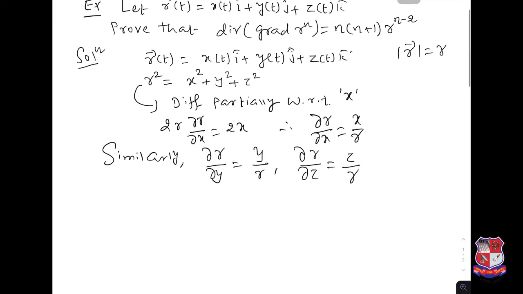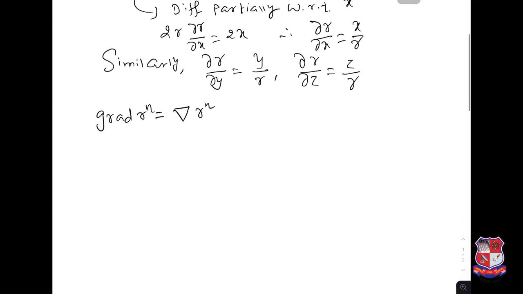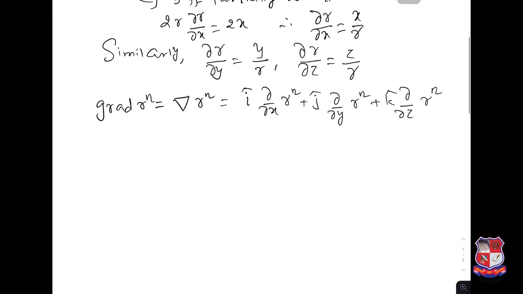Now first of all we need gradient of r power n. So gradient of r power n, that is del of r power n, meaning i del by del x of r power n plus j del by del y of r power n plus k del by del z of r power n.